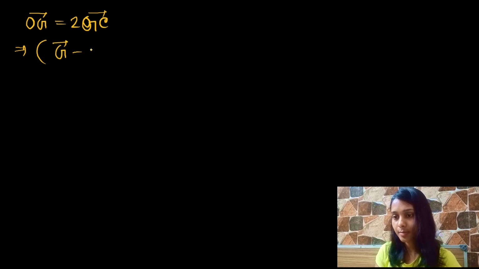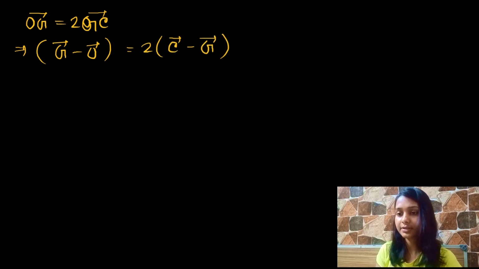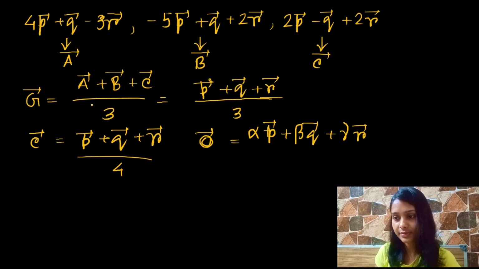OG means the position vector of G minus O vector, and twice C vector minus G vector. So G vector is this one here, and C vector is this one here.